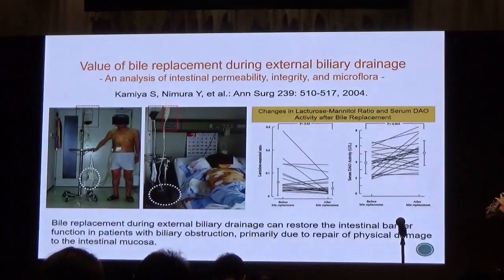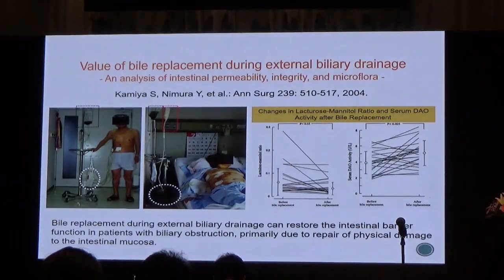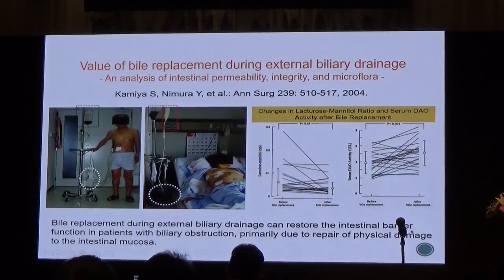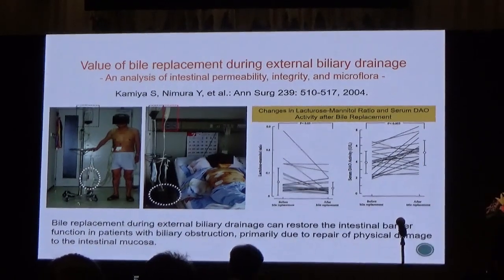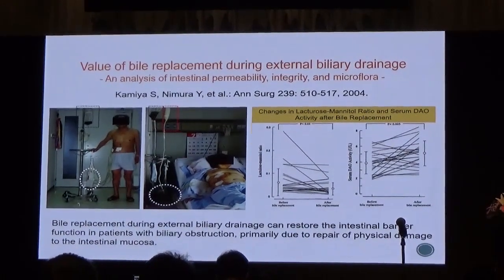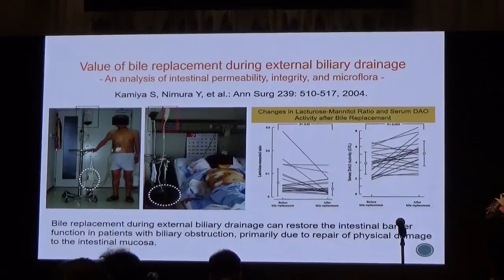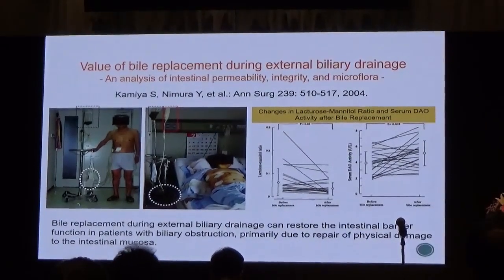We have developed several preoperative measures to prevent postoperative infectious complications. Bile replacement during external biliary drainage can restore the intestinal barrier function in patients with biliary obstruction, primarily due to repair of the physical damage of the intestinal mucosa.